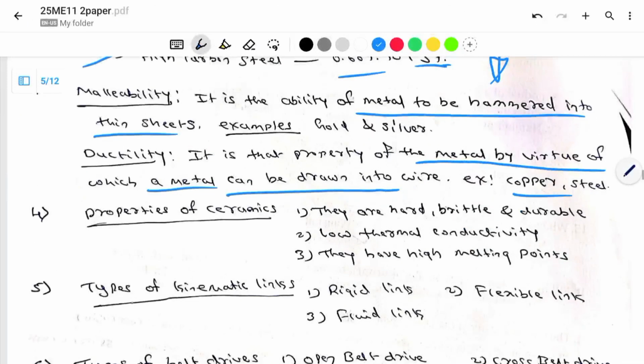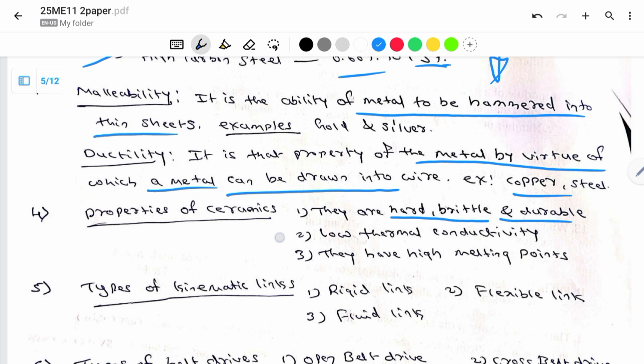The next one is properties of ceramic materials. Ceramic materials are brittle, hard and durable. To break them you have to apply sudden forces.